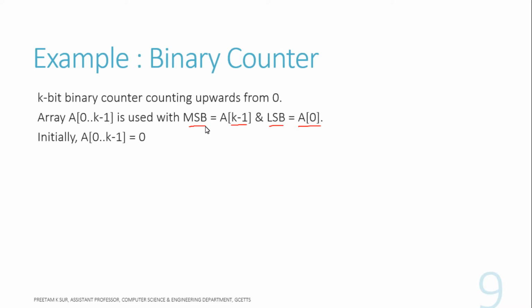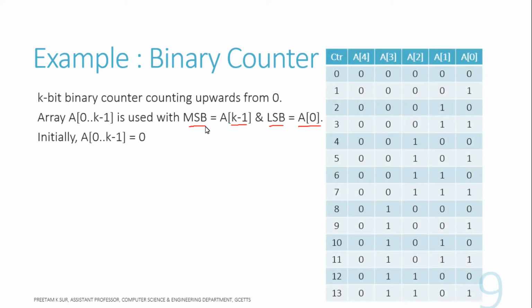Now if we take an example of a 5-bit counter, this is what it looks like. A 5-bit counter will be represented by an array which will have indices from A0 to A4, where A0 is your LSB and A4 is your MSB or most significant bit, right?